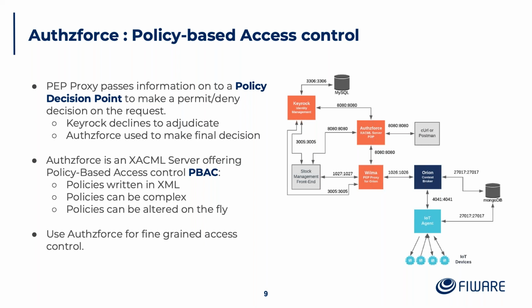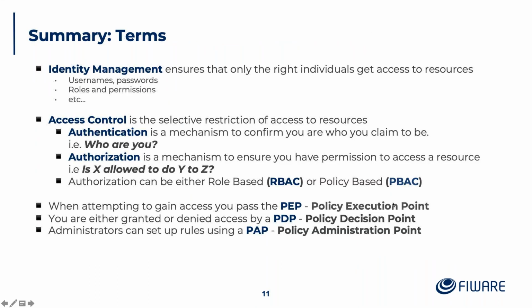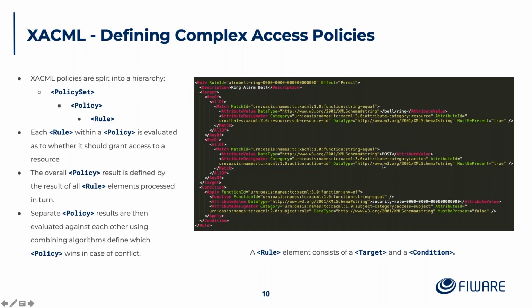If you take a very simple rule, and we'll show you one here, this rule on the right is saying in order to access the bell ring endpoint, and I send a post to it, I need to be in the security role.